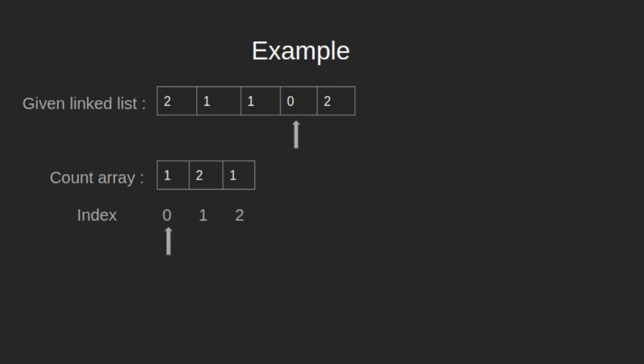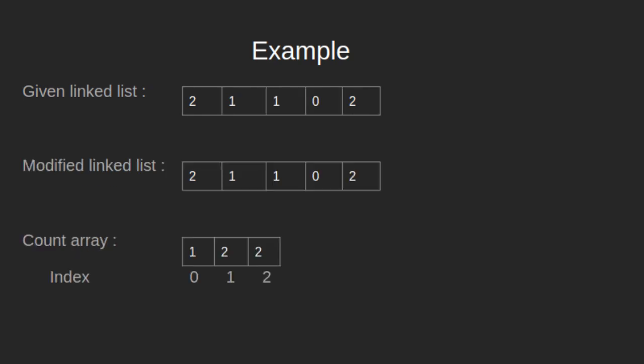After traversing the fifth node, count of 2 will be incremented by 1, so the value of count 2 becomes 2 and our algorithm stops. Now we have got the final count array which contains the number of zeros, ones and twos in the given linked list. In this example, the number of zeros is 1, the number of ones is 2 and the number of twos is 2.